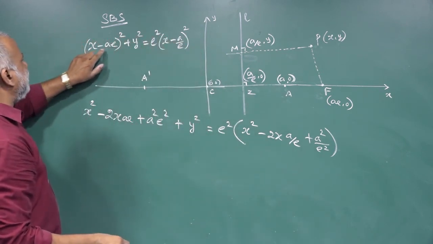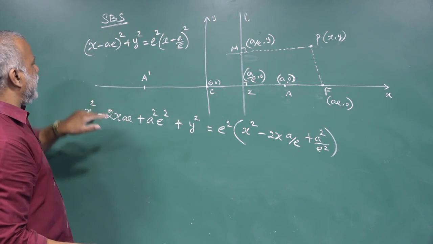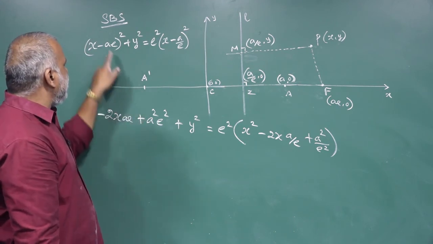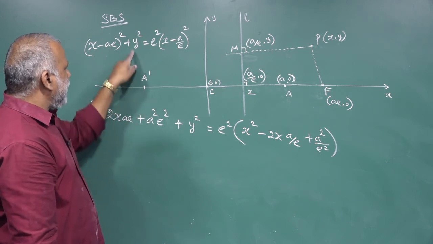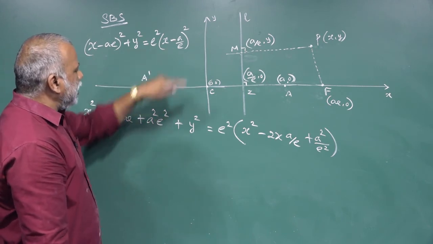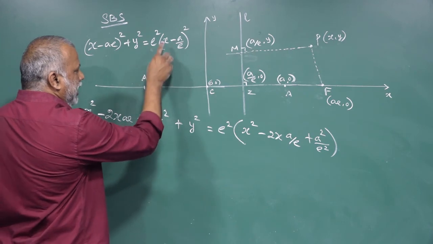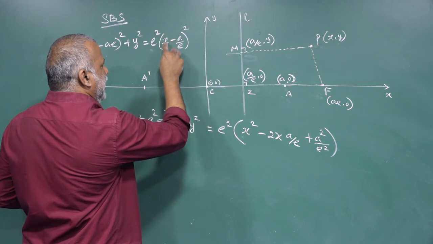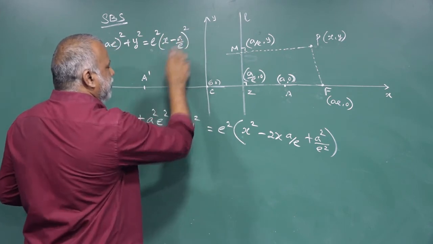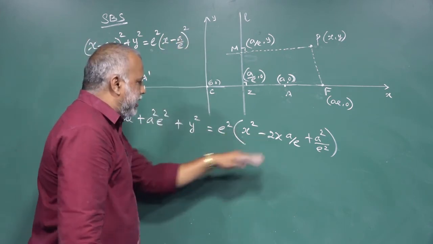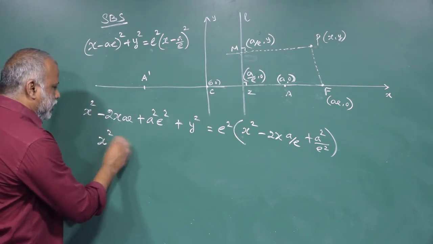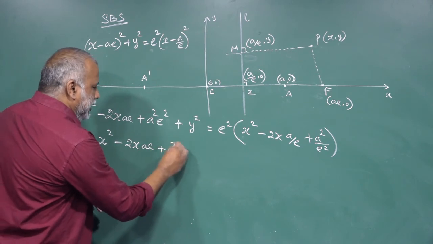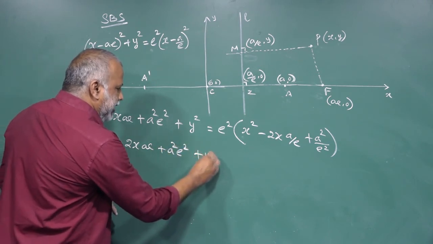It is in the form of (x minus ae) the whole squared, so x squared minus 2x ae plus a squared e squared, like (a minus b) the whole squared. Here we get y squared. In your RHS, e squared of (x minus a/e) the whole squared, so x squared minus 2x a/e, then a squared by e squared. Just opening this bracket, we get the LHS: x squared minus 2x ae plus a squared e squared plus y squared.